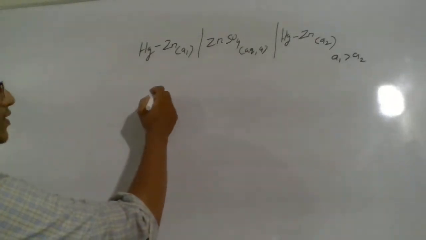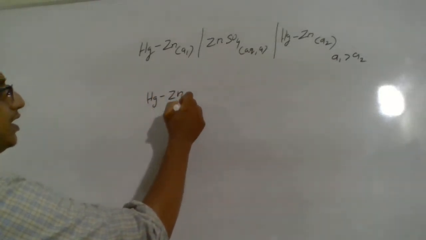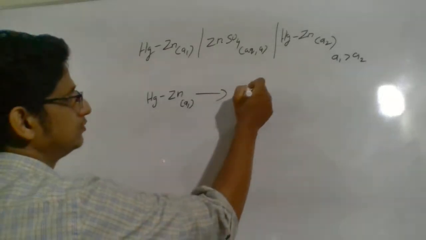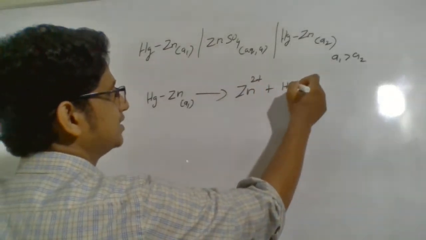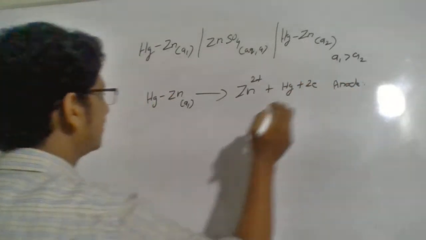At the anode, oxidation always takes place. HgZn(A1) gives Zn2+ plus Hg plus 2 electrons. This is the anode reaction, where release of electrons takes place.